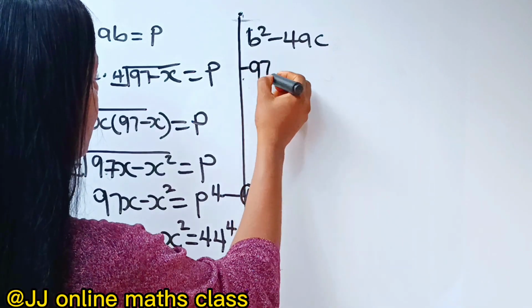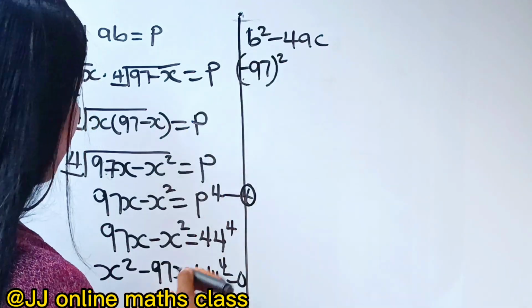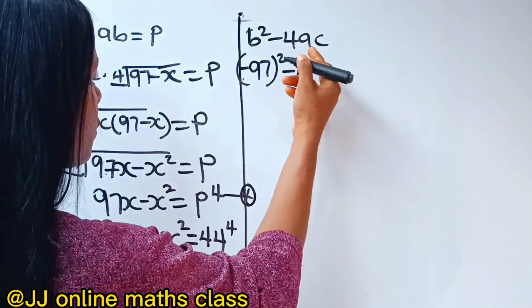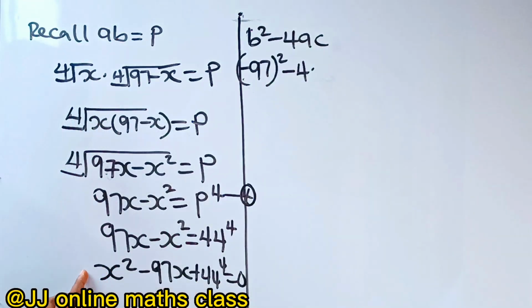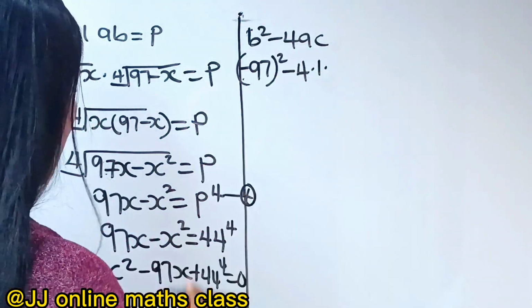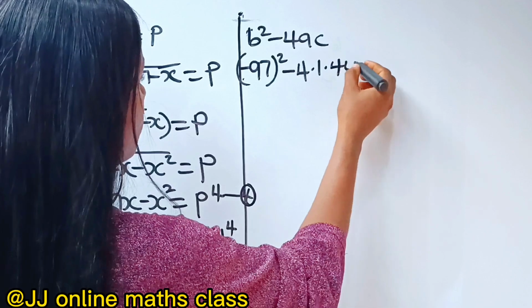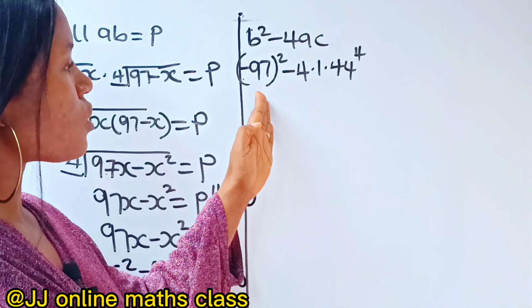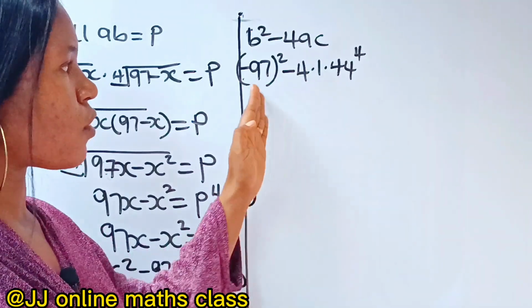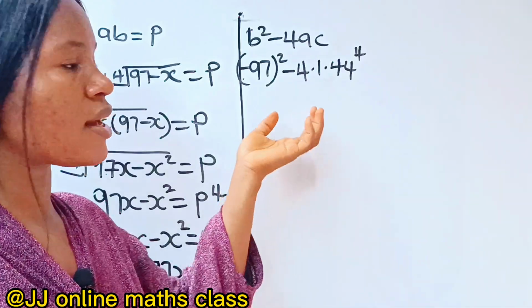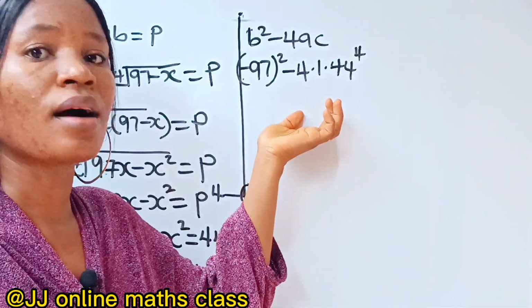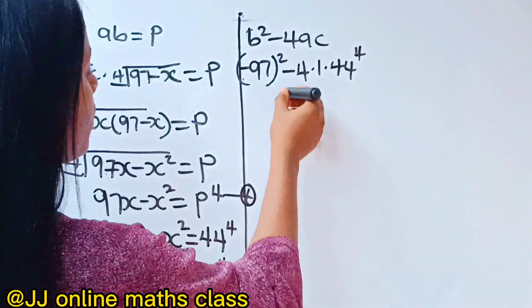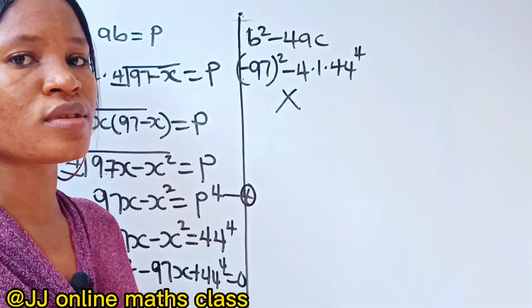So we have minus 97 squared minus 4 times our a is 1, and our c is 44 to the power of 4. Now without being told, when you try to subtract this from this, this is actually bigger. We are going to get a negative value. You know what that means? That means the value we are going to get here is not going to be used.